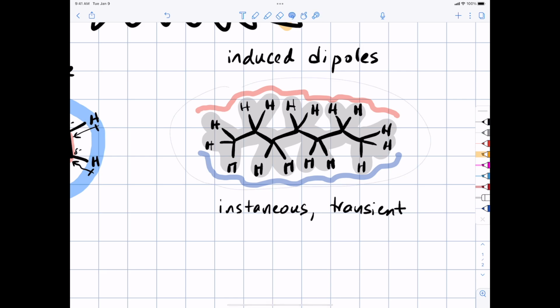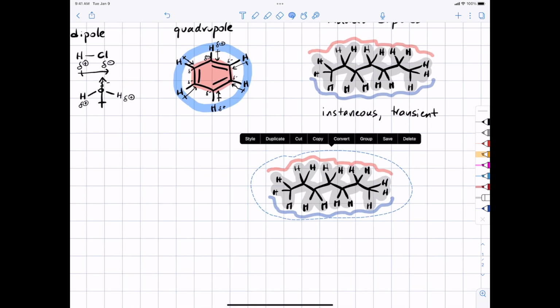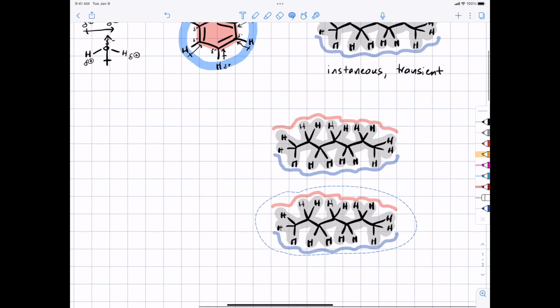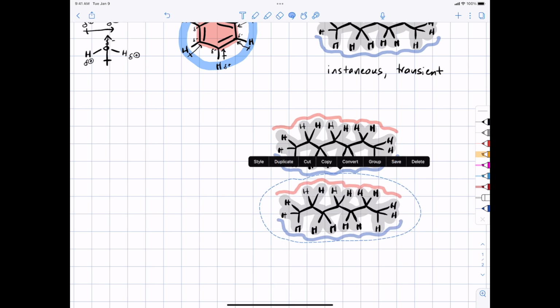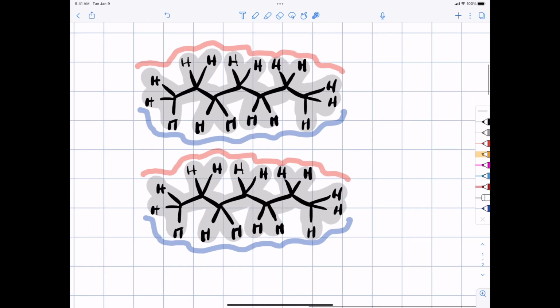In particular, this happens as molecules approach each other. So for example, if I had two of these, as they approach each other, they would tend to polarize themselves such that the surfaces that were closest to each other were complementary in charge. And this, again, isn't a permanent thing.